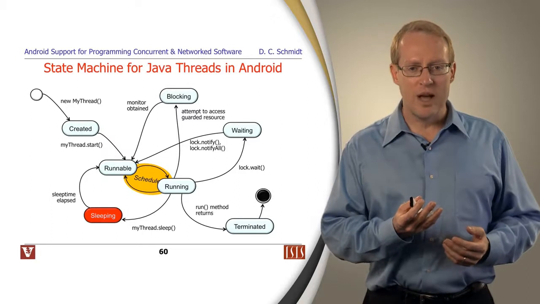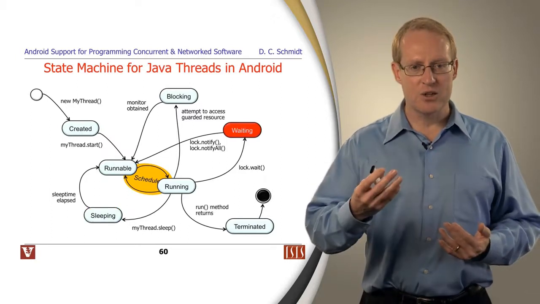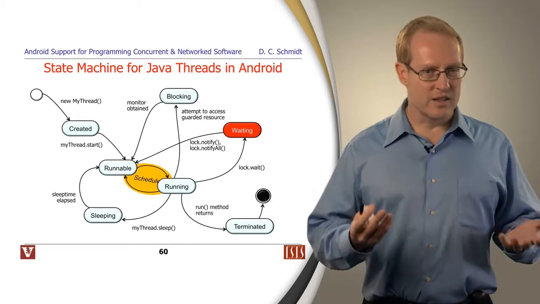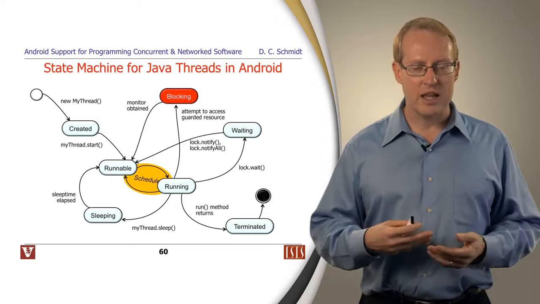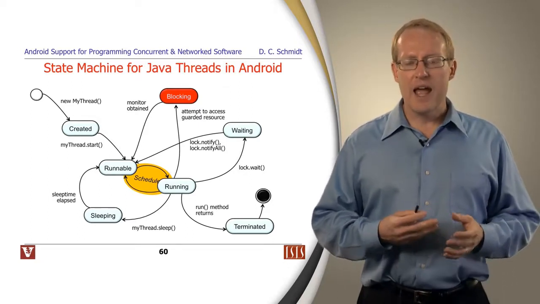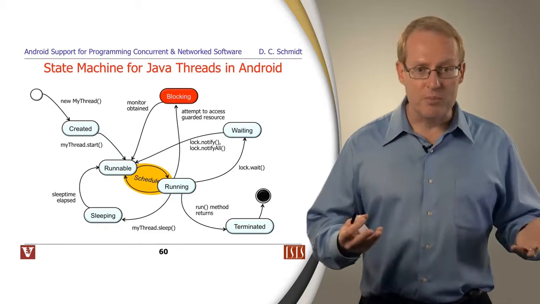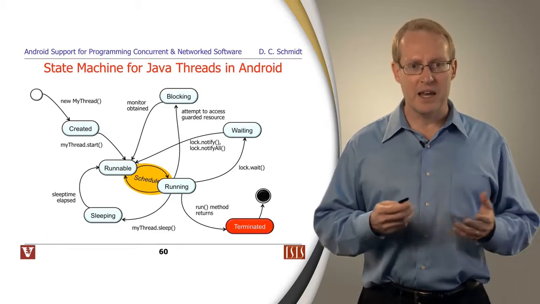It might wait on a monitor condition, in which case it'll be waiting until it's notified later. It could block on some kind of guarded resource, like a mutual exclusion lock or a synchronized section, and so on. It can be preempted by the system and so on. So these are the various states that a Java thread can be in on Android while it's running.